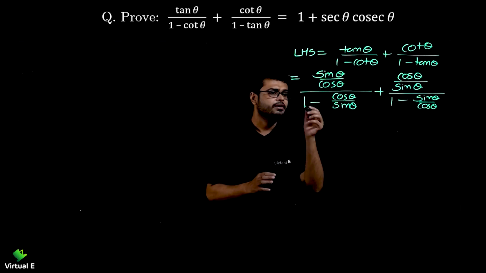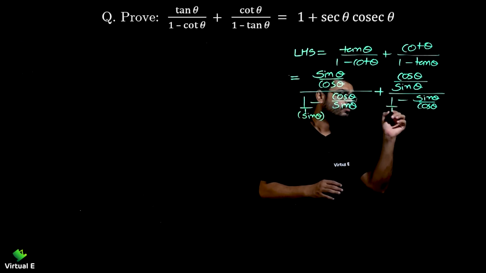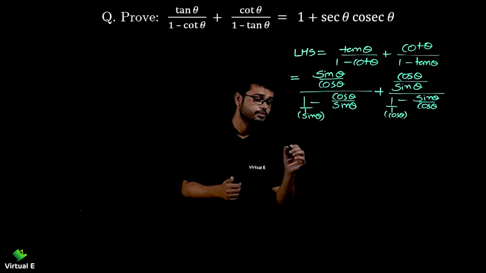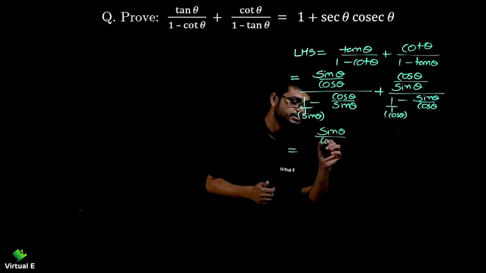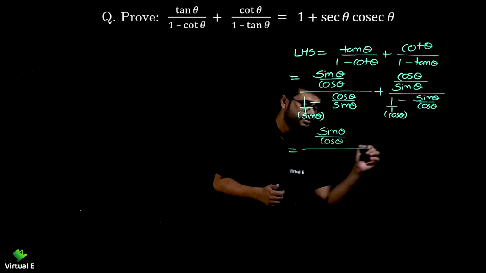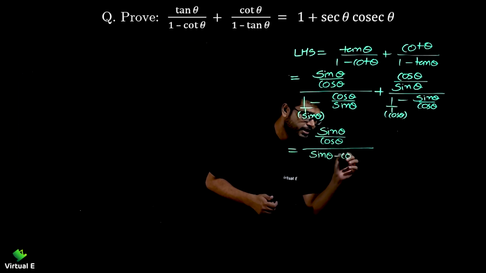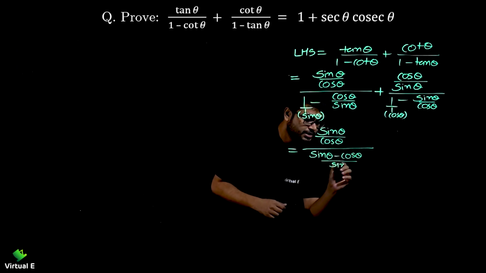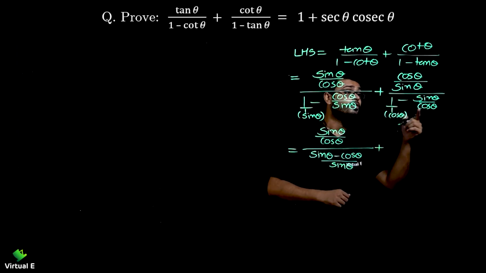So in the denominator it is 1 minus, so I need to take the LCM. There will be 1 multiplied with sine theta, and there is 1 over 1 multiplied with cos theta. Done. So let's do it. Here sine theta and cos theta as it is, and in the denominator, sine theta will come into the numerator. So sine theta minus cos theta. Let's do it one more time here.